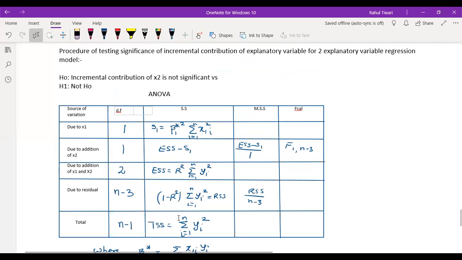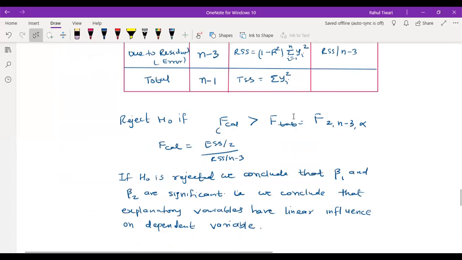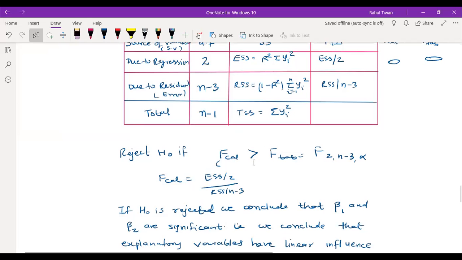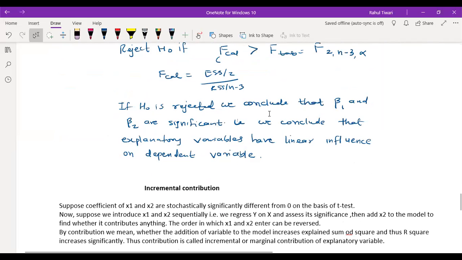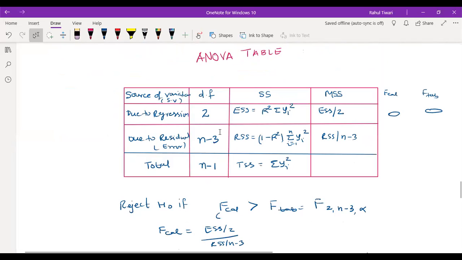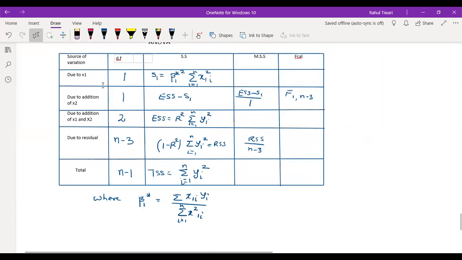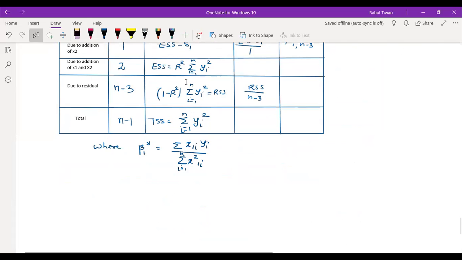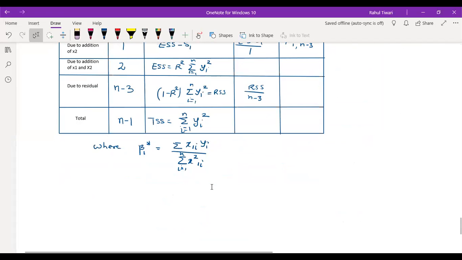So you can see the TSS which we have computed is similar to this one, and this RSS, or you can say this ESS which we have seen, is again similar to this one. If you have gone through this one, it is very simple to get for this one, because it is the extension of your previous model only, and one can go with this beta 1 which you can compute using this formula.